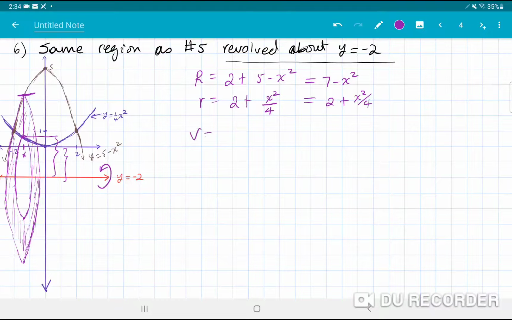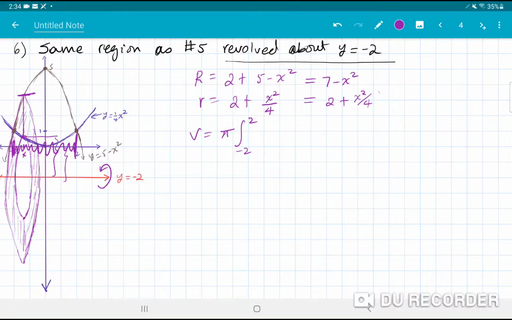So the volume is pi times the integral from negative 2 to 2, because x could be anywhere from negative 2 to 2. We don't see the height, because that's taken care of by the length of the radius.